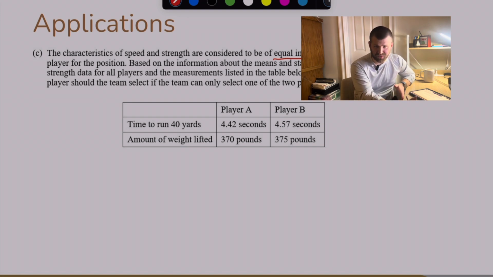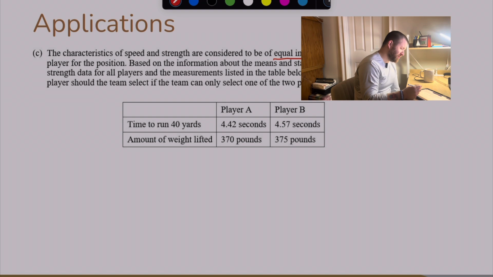There is one right answer. This isn't the case of you can make an argument for either person, and if my argument is good enough, I'm going to get the points. That's not the case. So one of the most interesting things I've seen here is to use a combined z-score.